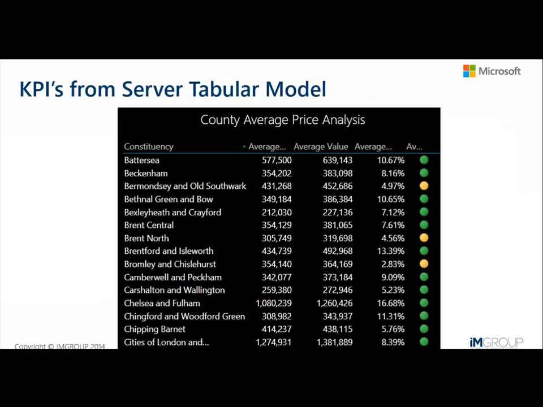So I'm surfacing those in a Power View so that we can see what the actual percentage increase is in the average price over 2 periods, the periods here being consecutive years. So the traffic light aspect and our RAG statuses are all set within the tabular model. All we have to do is drag them and drop them on the Power View.